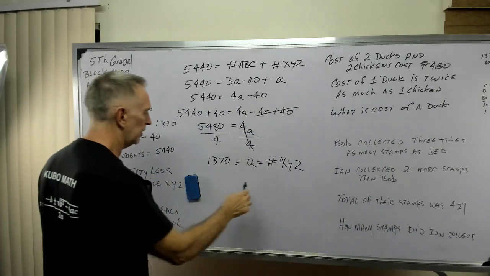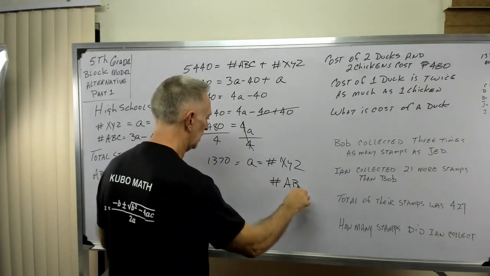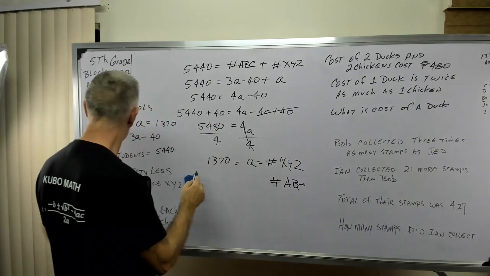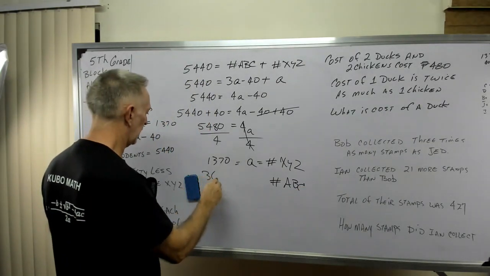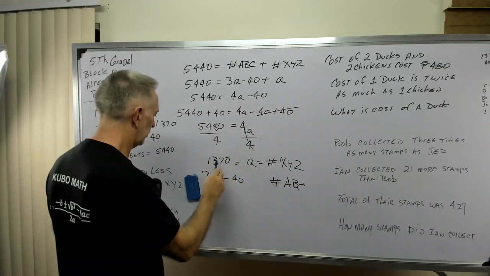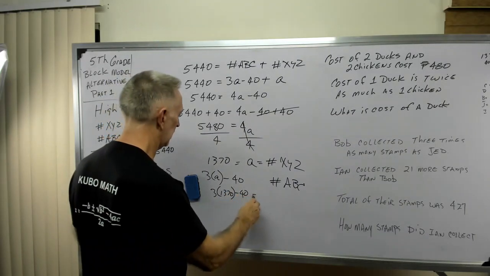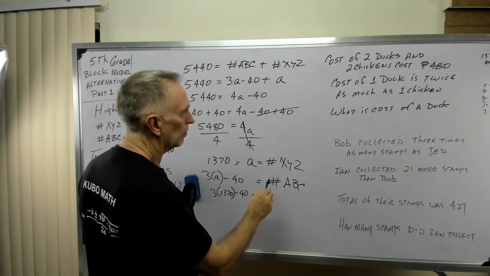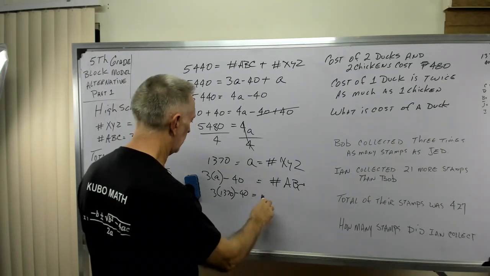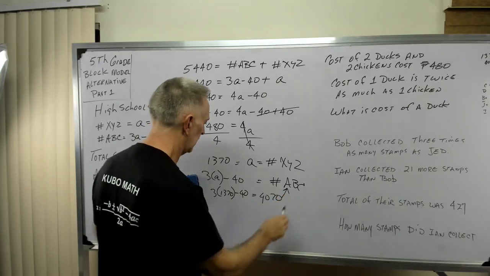Now the number in ABC will equal 3 times A minus 40. So 3 times 1,370 minus 40 equals, and I wrote that one down also, that's 4,070. And that's the number in ABC.